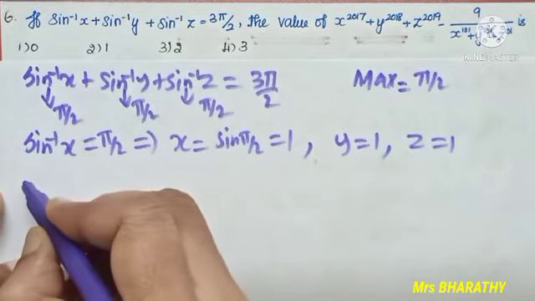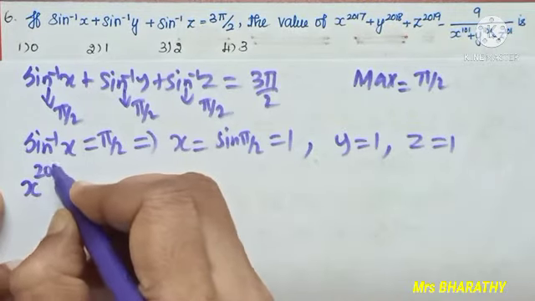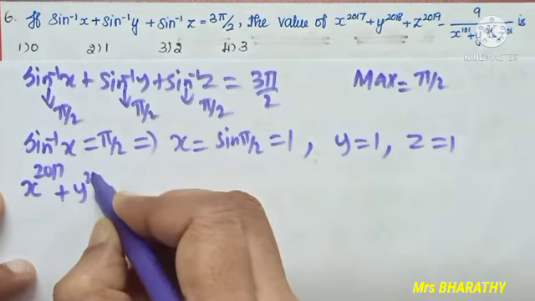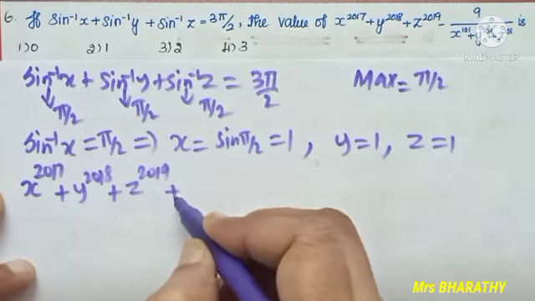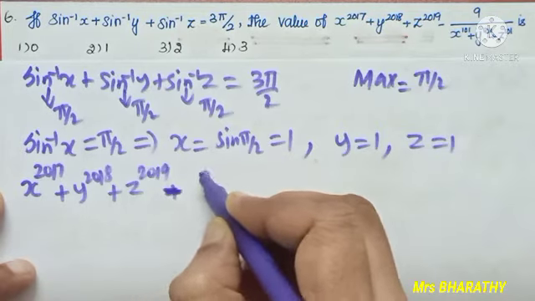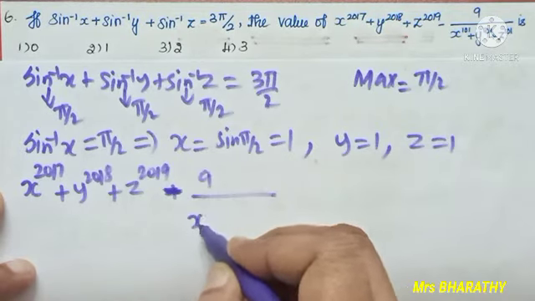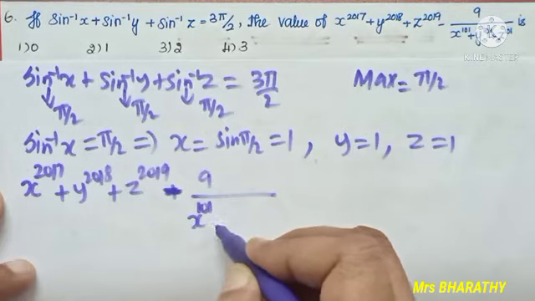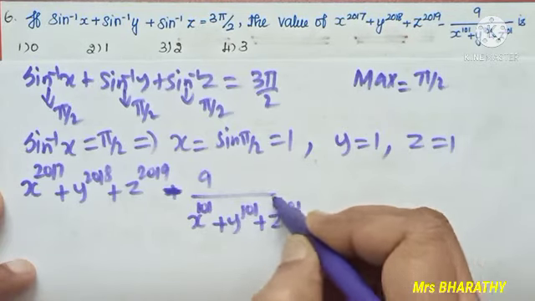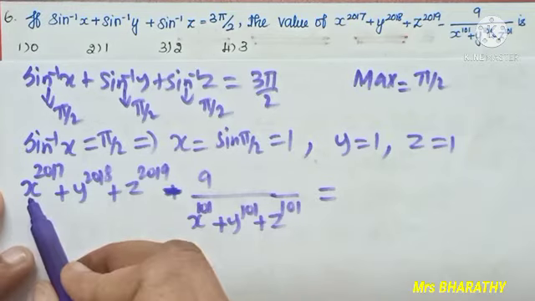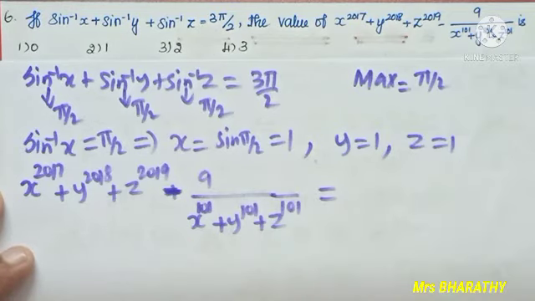Now my question is x power 2017, y power 2018, z power 2019 minus 9 by x power 101 plus y power 101 plus z power 101. X is 1, y is 1, z is 1.